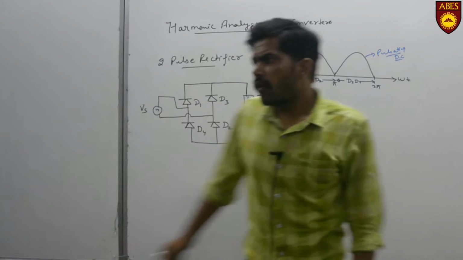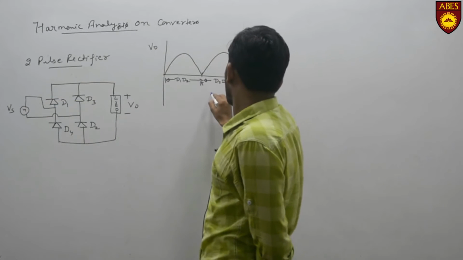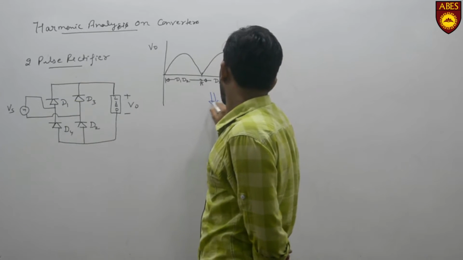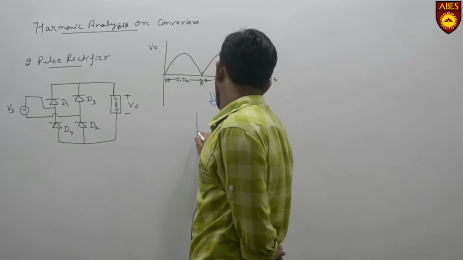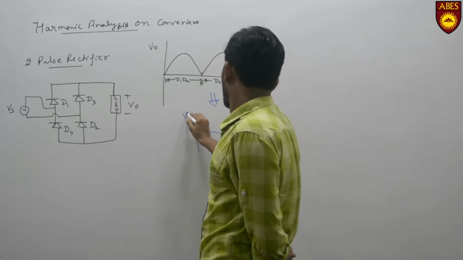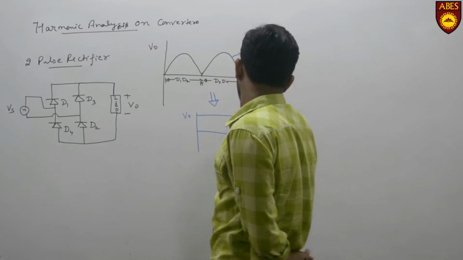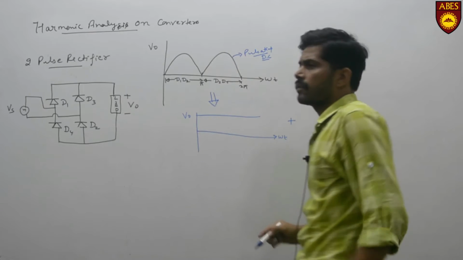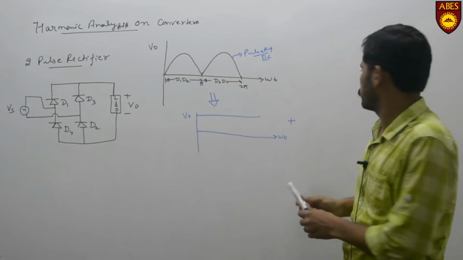So now we will convert that waveform into a pure DC plus the sum of harmonics.